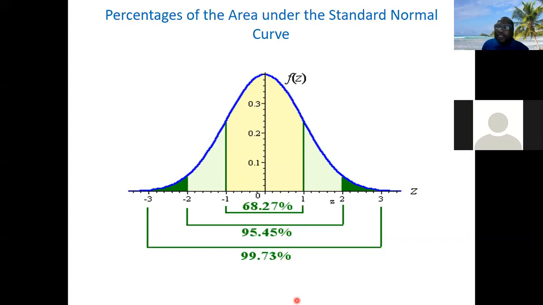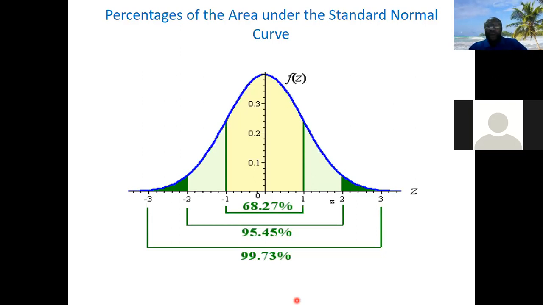This standard normal curve is the most important thing in statistics, because when we started discussing inferential statistics, we talked about the central limit theorem, which states that the sampling distribution of a certain statistic tends to normality, especially as the sample size increases, irrespective of the original shape.